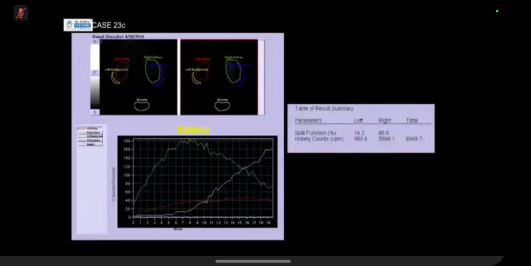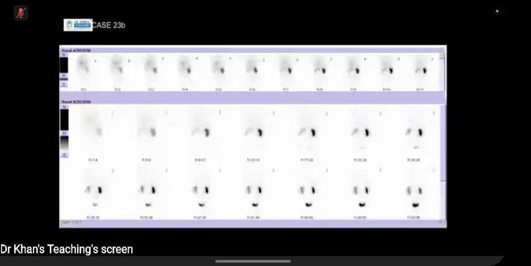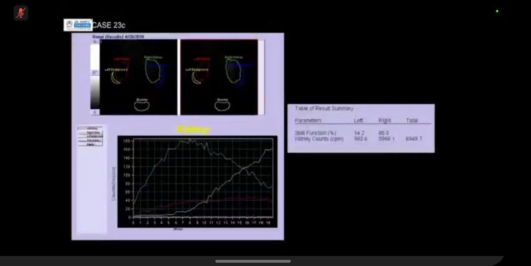So the initial images showed that there's persistent tracer retention in the left kidney. That's appreciable up till the delayed images, while on the right side there was normal uptake and then excretion. Further on the trace, on the graph, the green is the right kidney and the red is the left.